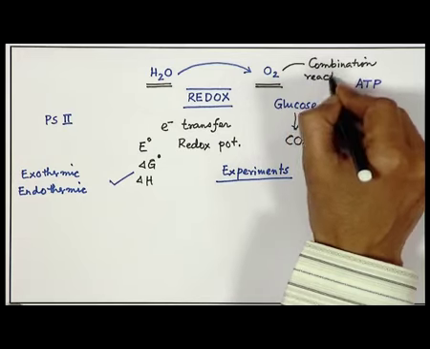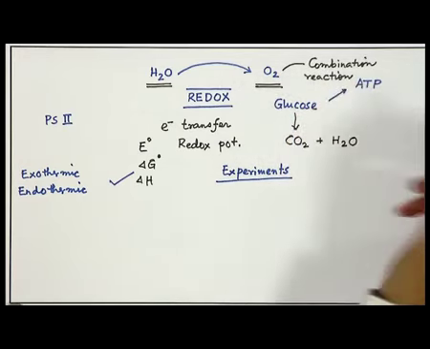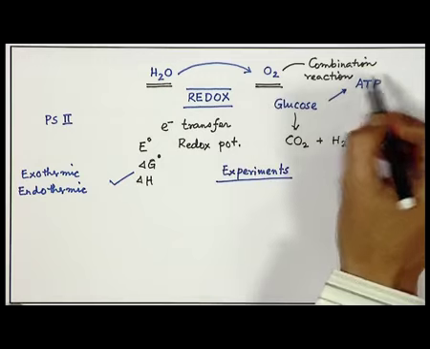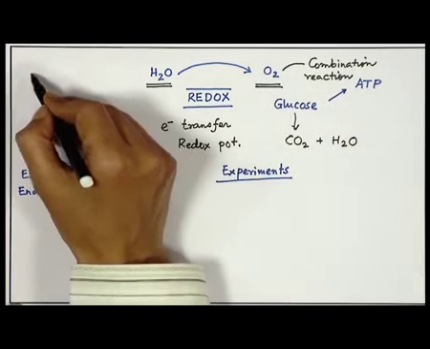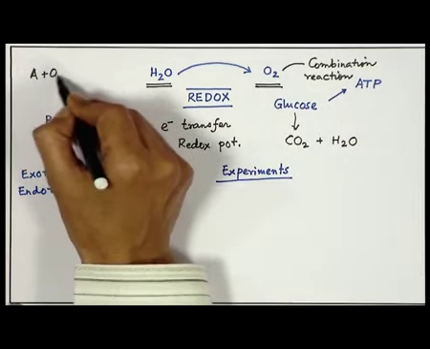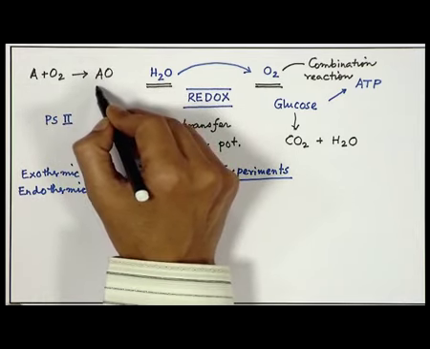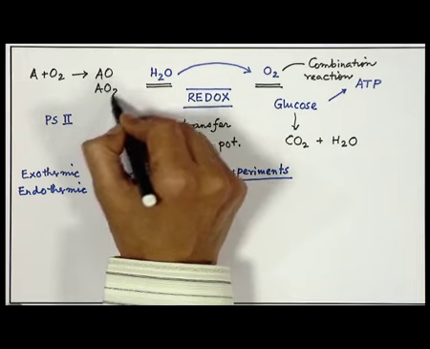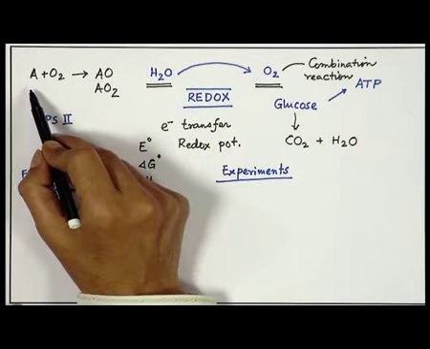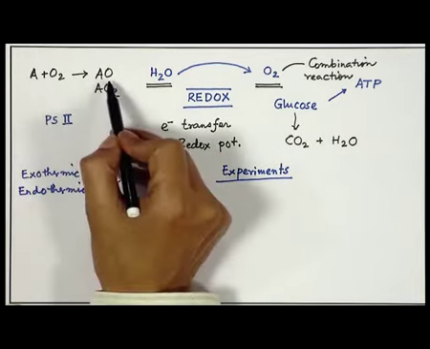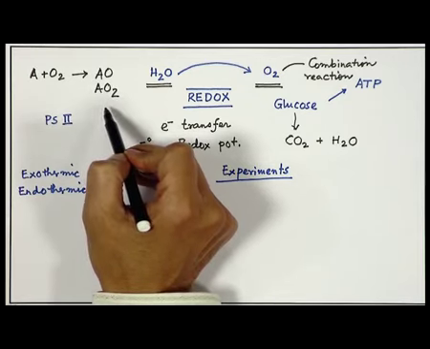where we utilize this for attaching O2 to some other species, such as A attaching with O2 forming in some cases AO or AO2. Such as if A is carbon C, then we can have carbon monoxide and carbon dioxide formation.